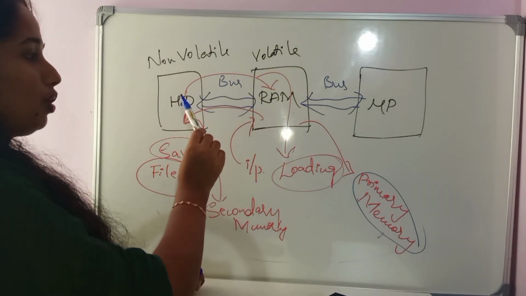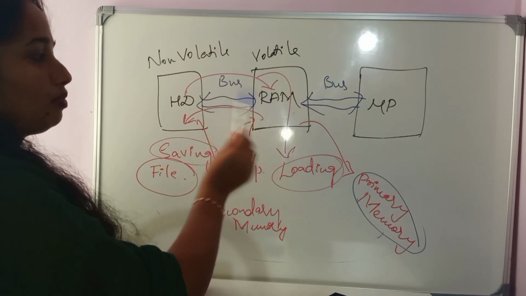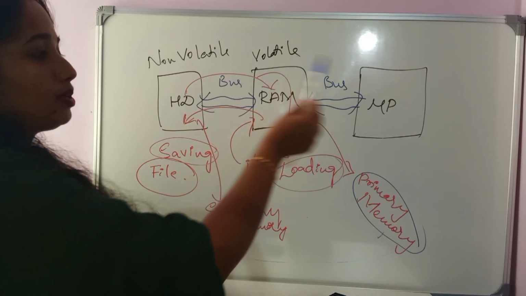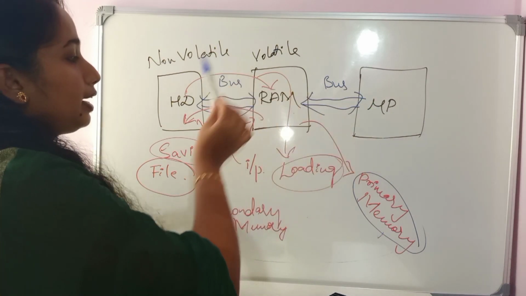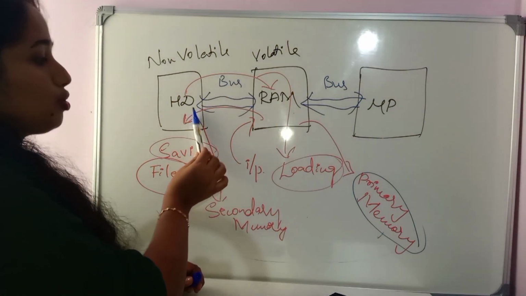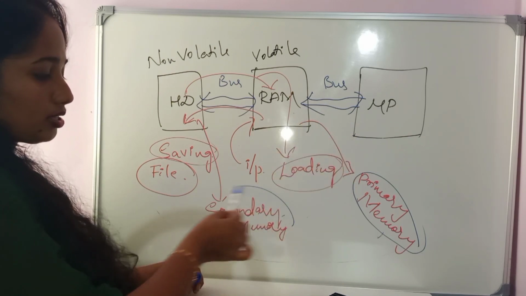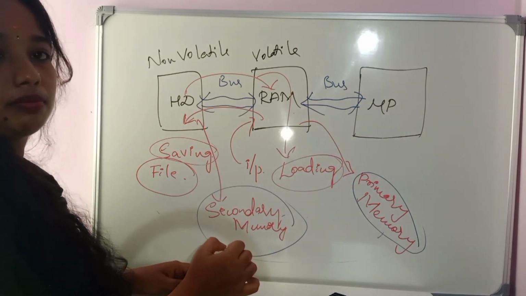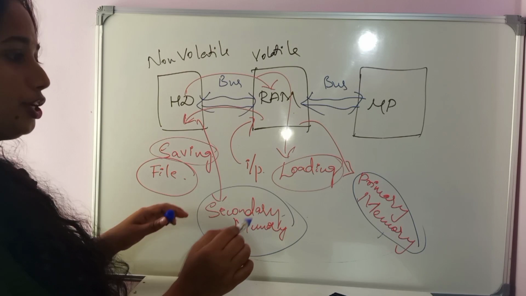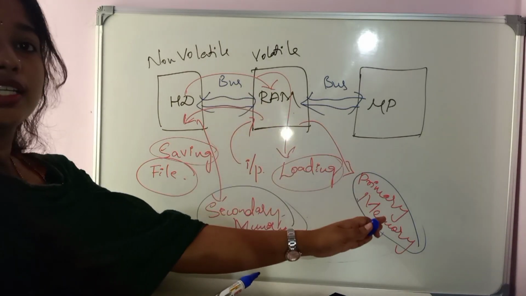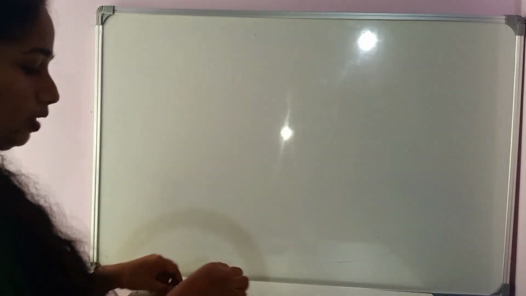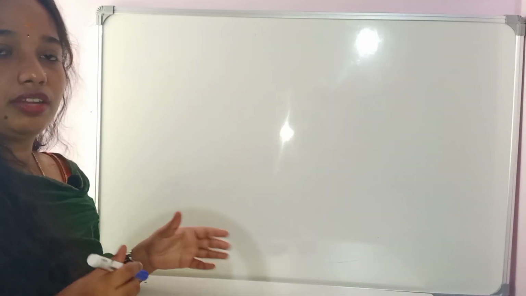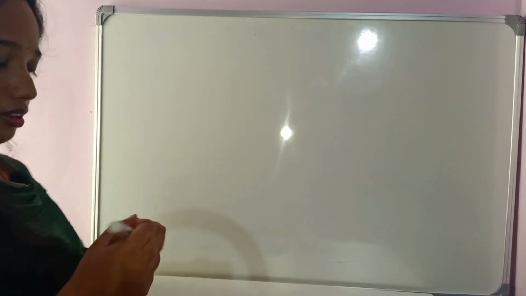The data is first given to RAM from the hard disk, and then RAM gives it to the microprocessor. The microprocessor does not directly access the hard disk, so for the microprocessor, the hard disk is secondary memory. Now did you get the point why RAM is called primary memory and the hard disk secondary memory? Let us see some of the differences between hard disk and RAM.